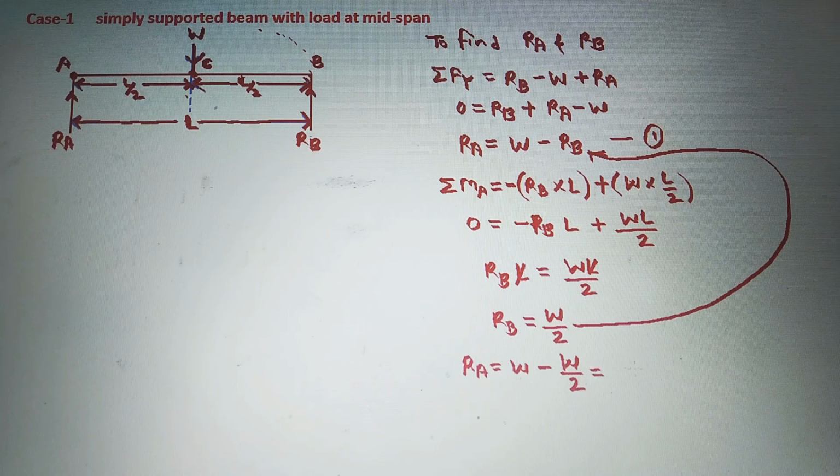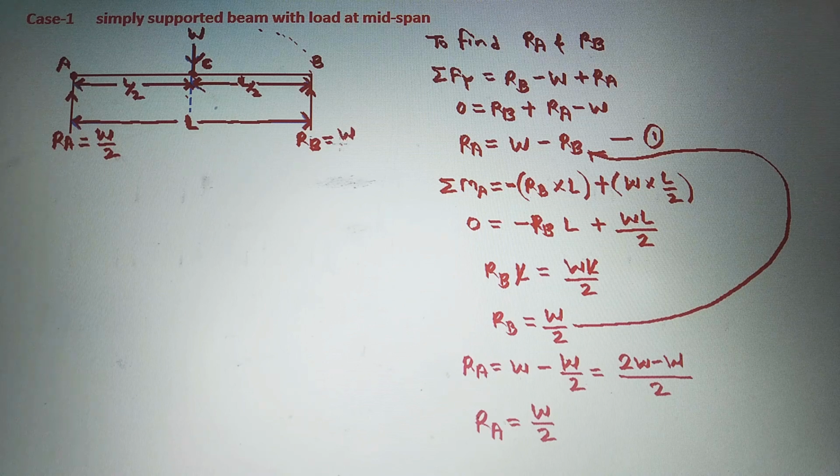Then we can write 2W minus W divided by 2. Then RA is also equal to W by 2. So RA is equal to W by 2 and RB is also equal to W by 2.